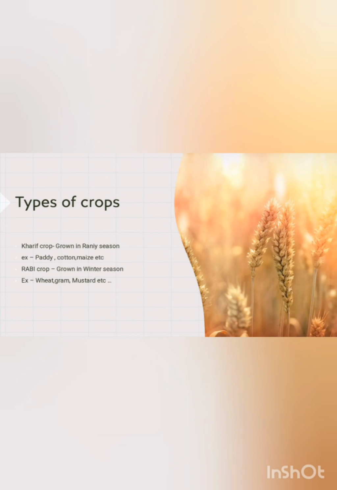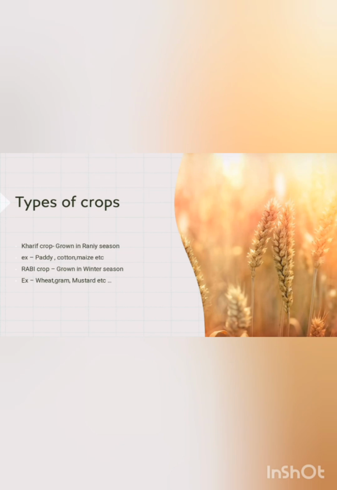We have learned this. Now we see the basic practices of crop production. Now we get a common question. Kharif crops are paddy, maize, soybean; Rabi crops are wheat, gram, pea, mustard. We have given these names, but why are some crops grown only in the rainy season, some only in the summer season, and some in the winter season?